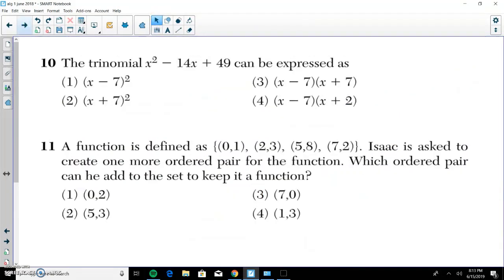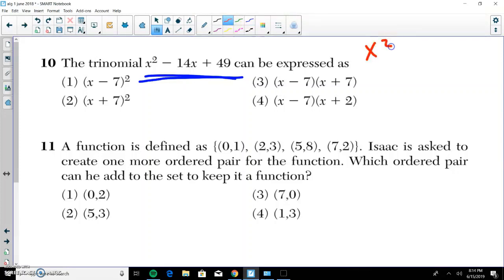Number 10, the trinomial x squared minus 14x plus 49 can be expressed as. You could go in your calculator and find the zeros, like I showed you in that other problem, and see where the graph crosses. But let's just factor this out to be safe.